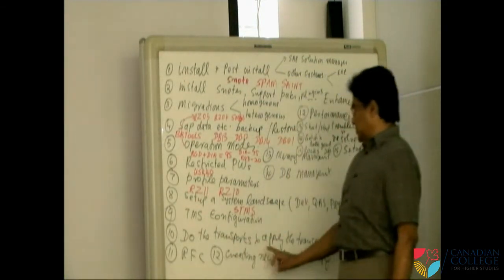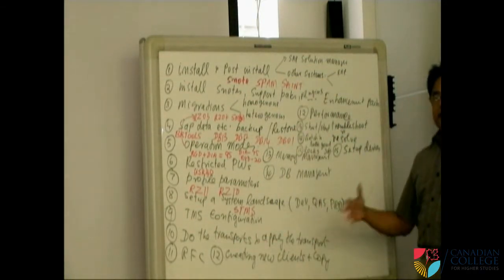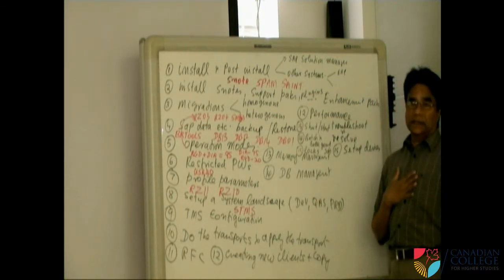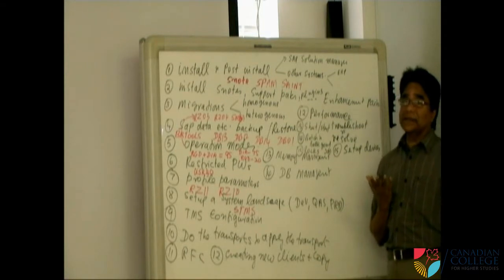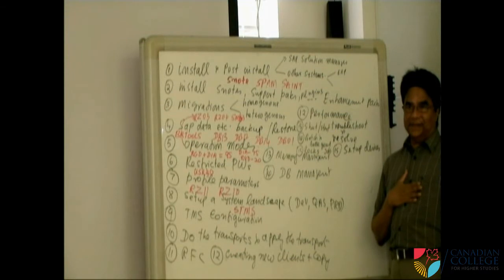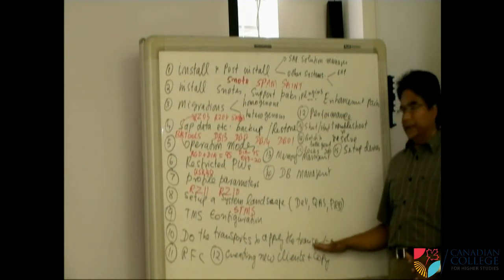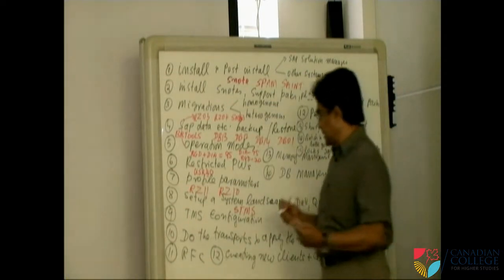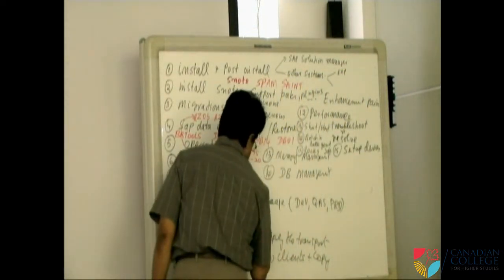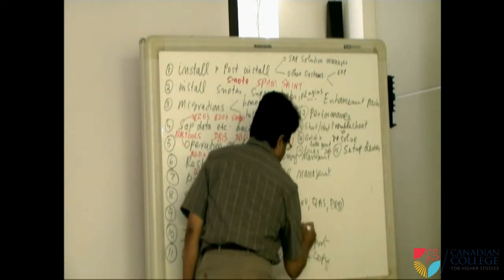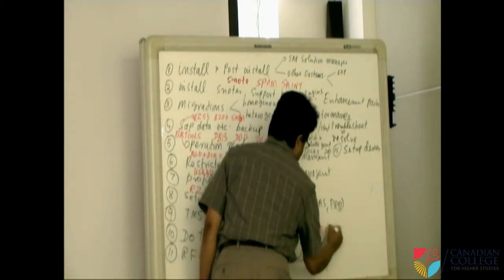Then do the transports. Now after this is configured, I am responsible for the transports, right? Especially to the production system. If anything goes wrong in the production system, they are going to contact me, right? They are not going to contact the IT support people. So I have to make sure this is configured properly and everything is monitored properly. I use some commands like SE01, SE09, SE10, SE06 first time.